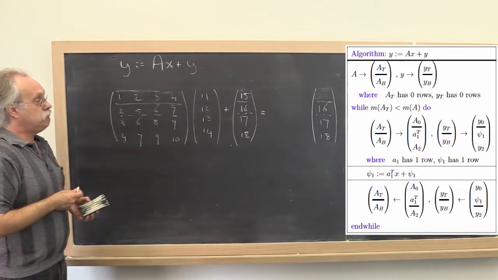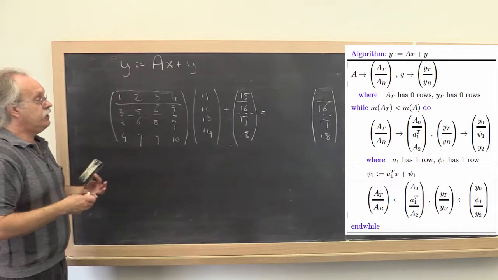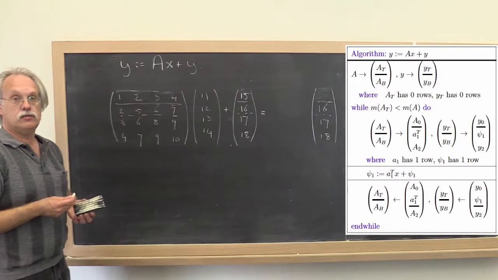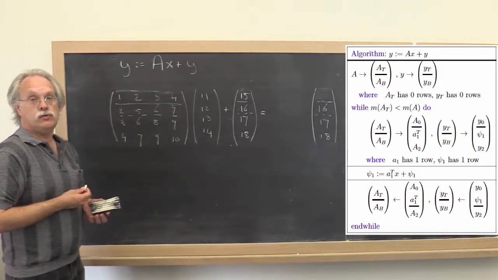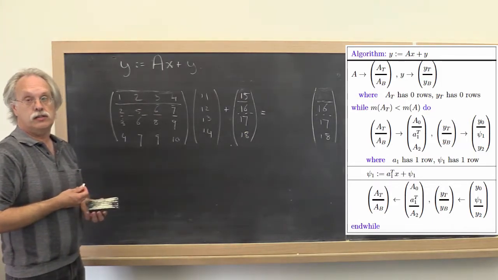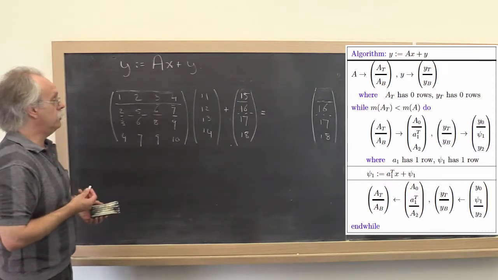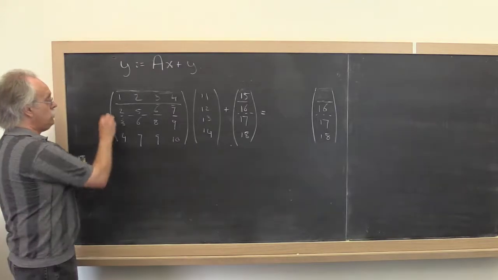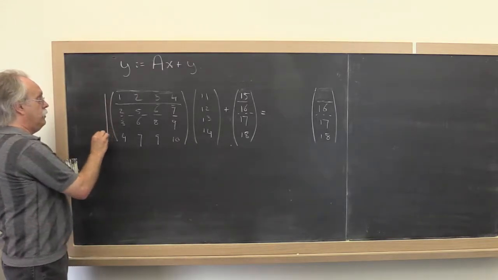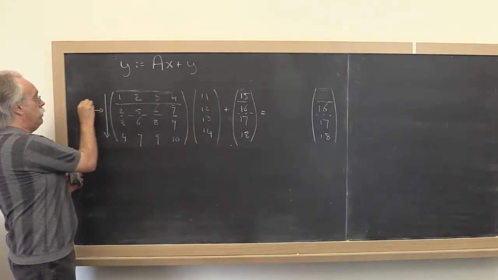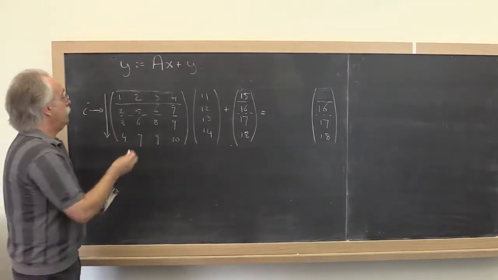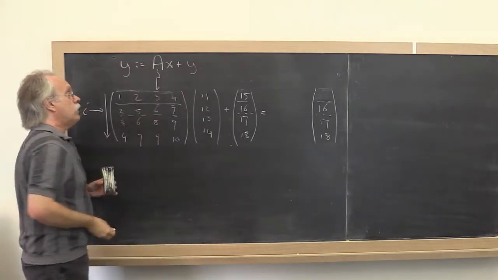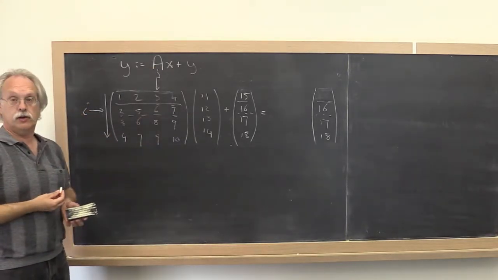Now, one question is, how easy is it to take the algorithm as we express it, using slicing and dicing, and translate this into, say, MATLAB code that just uses indices? Well, let's think about that a little bit. Typically, we use the index i to indicate in which row we currently are, and typically we use the index j to indicate in which column of the matrix we currently are.